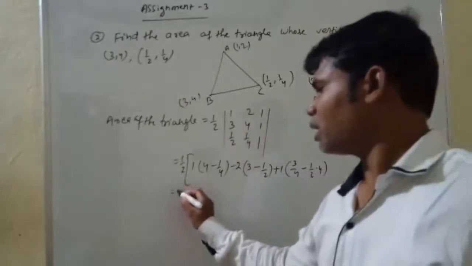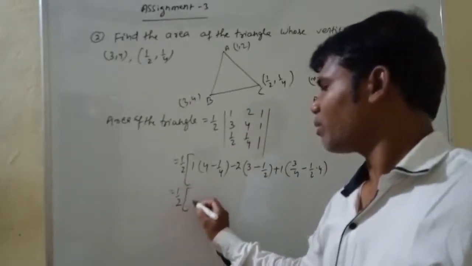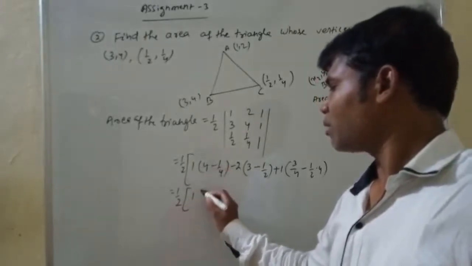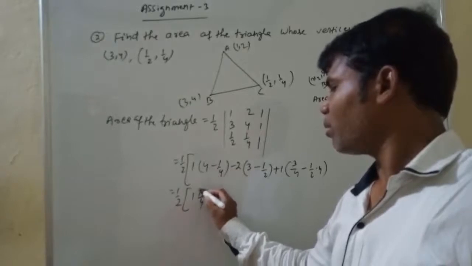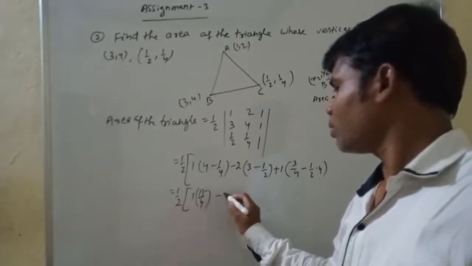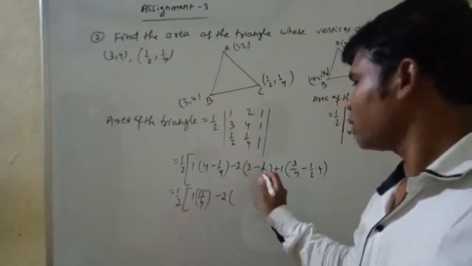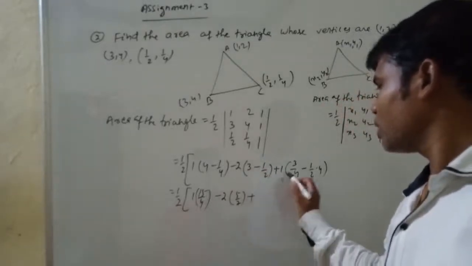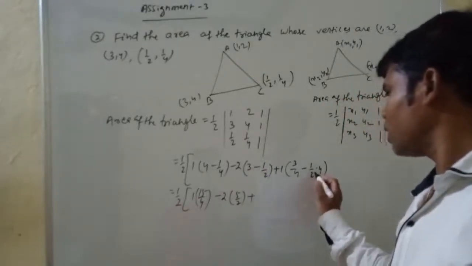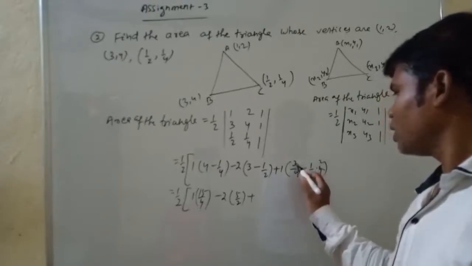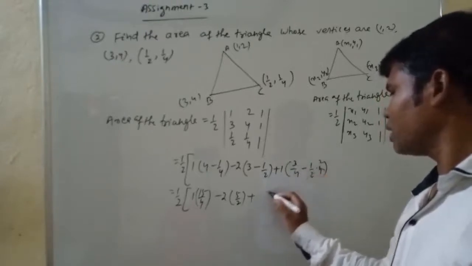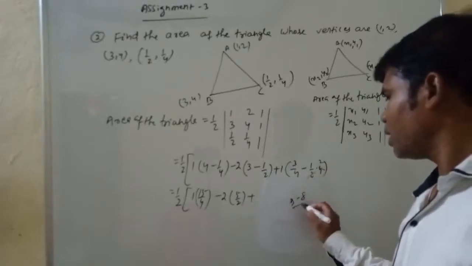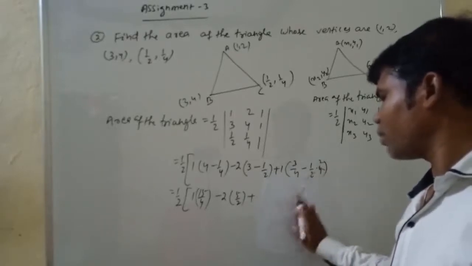Okay, is equal to half into 1 into 16 minus 1, 15 by 4, minus 2 into 6 minus 1, 5 by 2, plus 3 by 4, this is how much? 3 minus 8 by 4, that is minus 5 by 4.